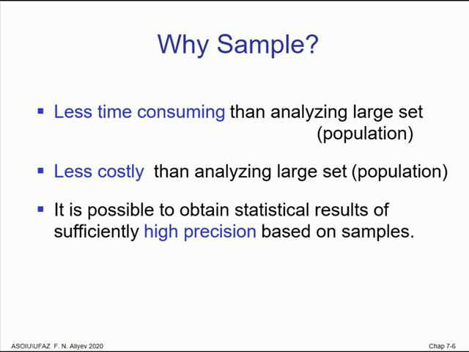It is possible to obtain statistical results of sufficiently high precision based on a sample. It means that instead of the population, you may use a sample, and it helps you save time, not waste a lot of money, and get the result with high precision based on the sample.